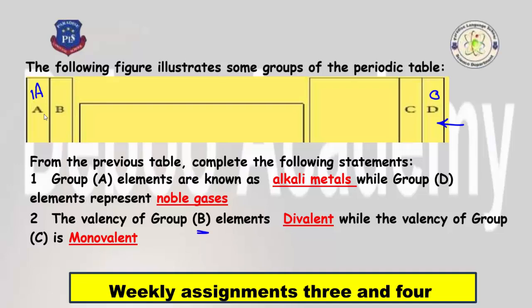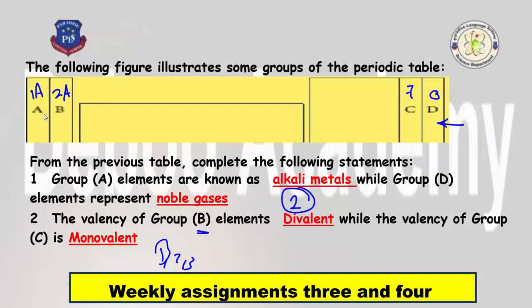The valency of group B elements is divalent, while group C is monovalent. Divalent means it loses 2 electrons, while monovalent in C it gains 1 electron. It ends by 7, so it gains 1 electron.